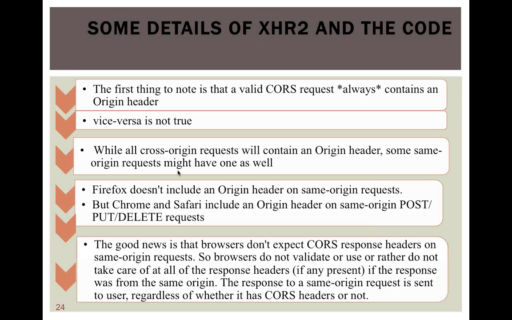If you look at a sample XHR2 request, it would have the GET header, and then the origin header, which specifies the domain from which the request is originating. It will have the host, that is the domain for which the request has been made, and then all the other request headers, like accept language, connection, user agent, and so on.